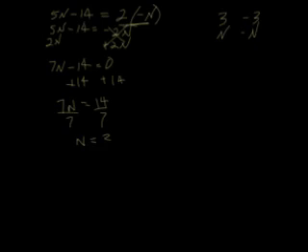Now we're going to get this 14 over there. So 7n equals 14. Divide by 7, n equals 2. Okay, so it's pretty much just basic algebra. Shouldn't give you too much trouble.